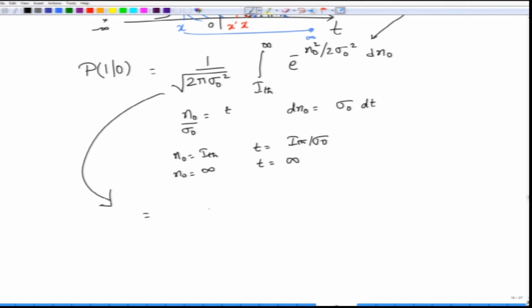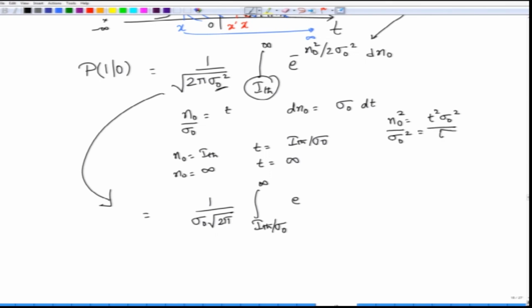So this expression will now become 1 by sigma 0 into square root of 2 pi. I simply pulled the sigma 0 from under the root to outside, and the integration limits will change. ITH will now become ITH divided by sigma 0, and infinity remains the same. In place of n0 square by sigma 0 square, I have t square, so this becomes e to the power minus t square by 2, and dn0 is nothing but sigma 0 dt.